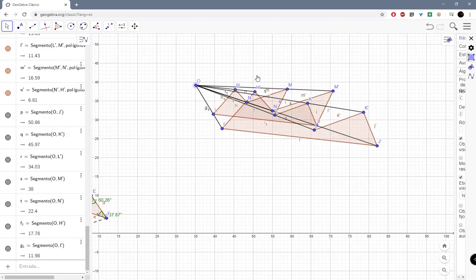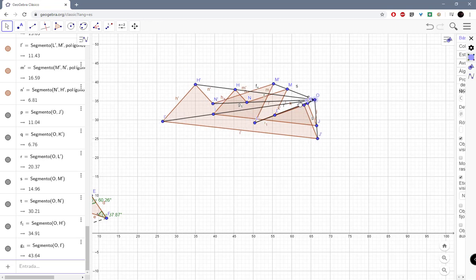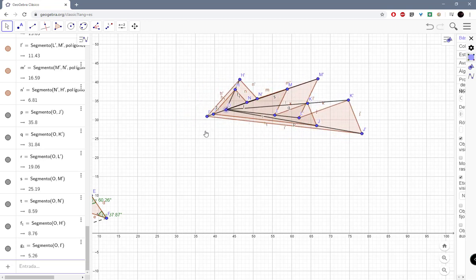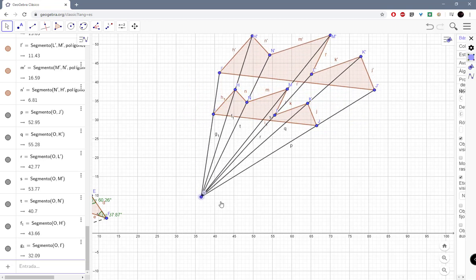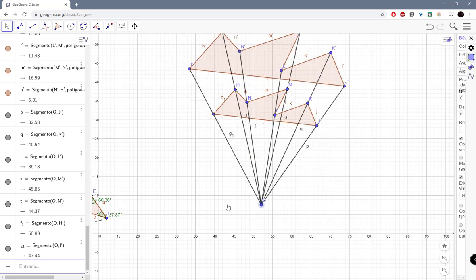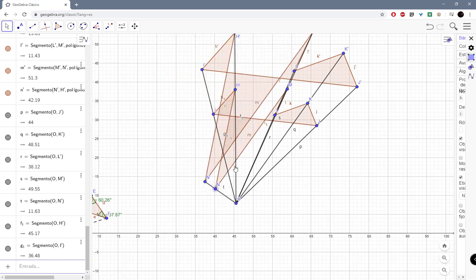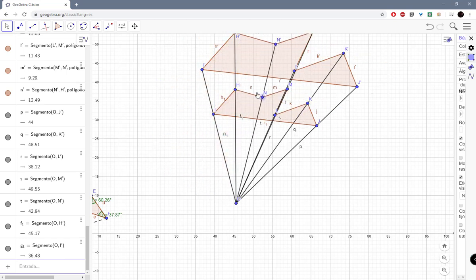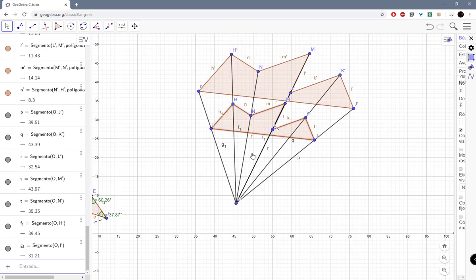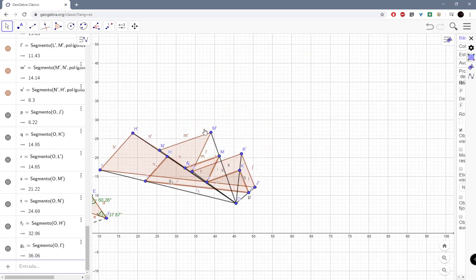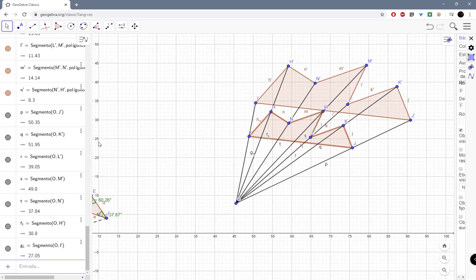Okay? And the figures are similar. Always scaled up by a factor of 1.5. Okay? If I move the original figure, the image also changes. Okay? If I move the place of it, it's going to be the same.